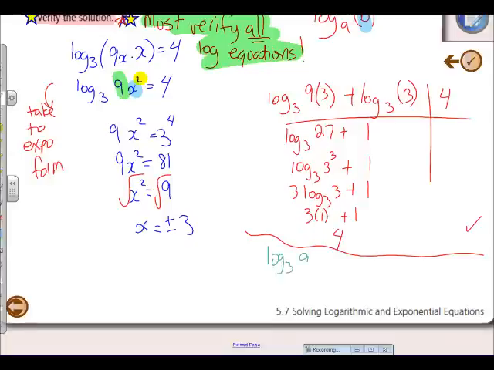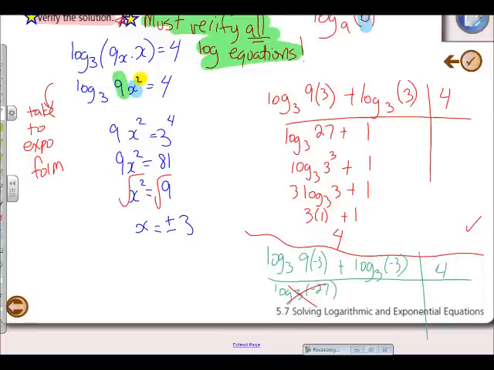Log base 3 of 9 times negative 3 plus log base 3 of negative 3. Let's see if that equals 4. Let's find out. All right, we've got log base 3 of negative 27. Whoa, wait a minute.